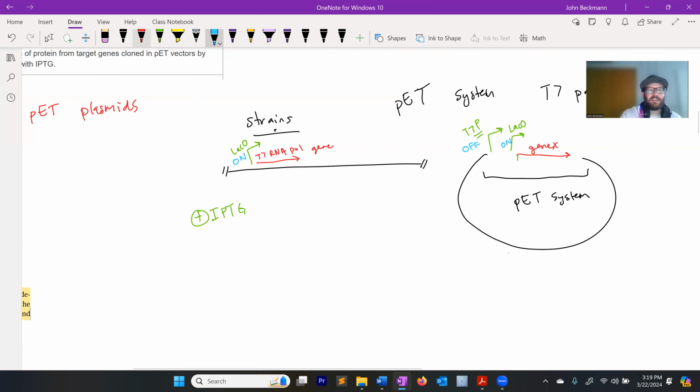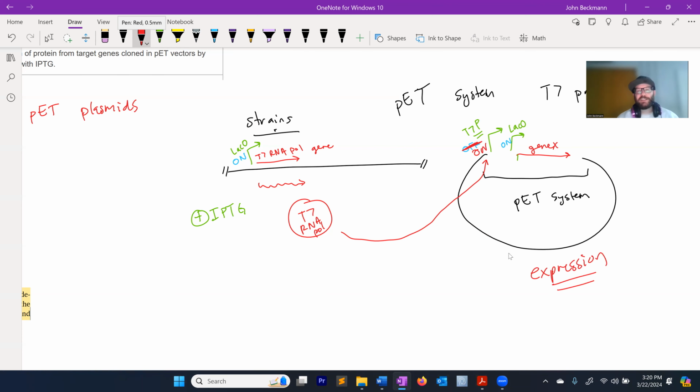So the next thing that's going to happen is this T7 RNA polymerase gene will get transcribed into messenger RNA, translated into protein, T7 RNA Pol. And this T7 RNA polymerase is then going to be attracted to its own promoter, which has been incorporated into the plasmid. And as soon as this T7 RNA polymerase goes to here, now this gene is double on, and now you get expression.